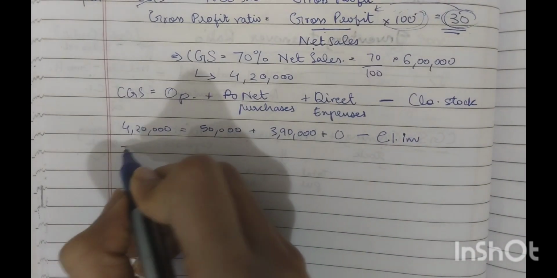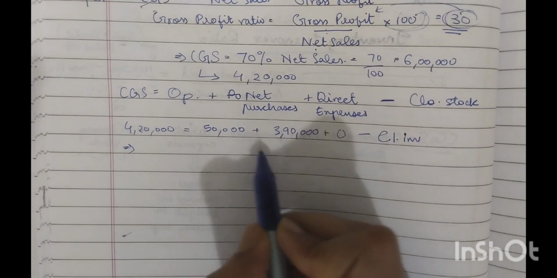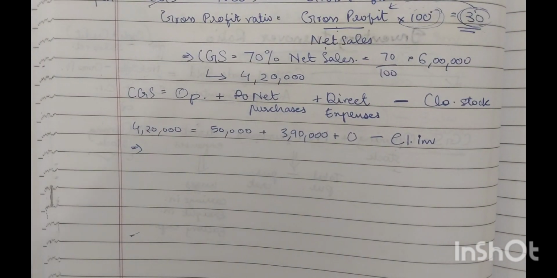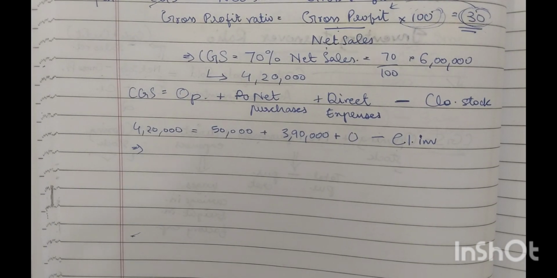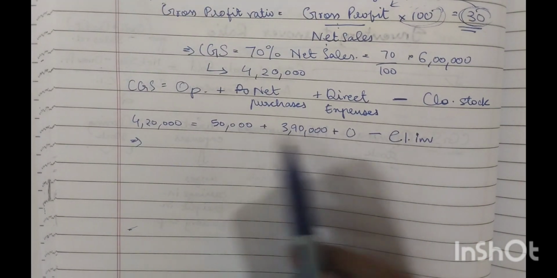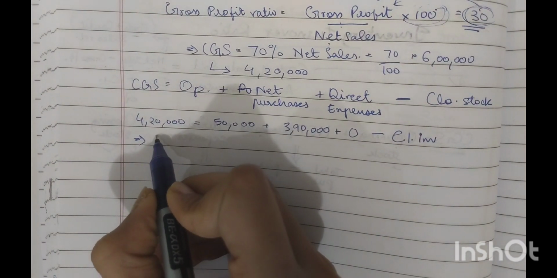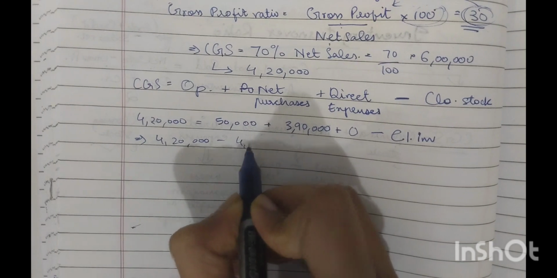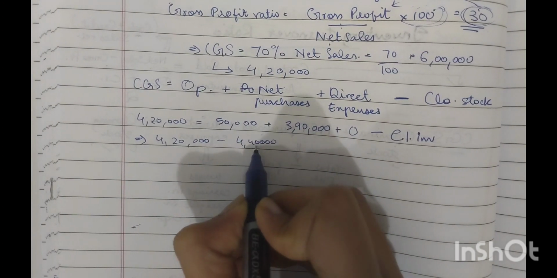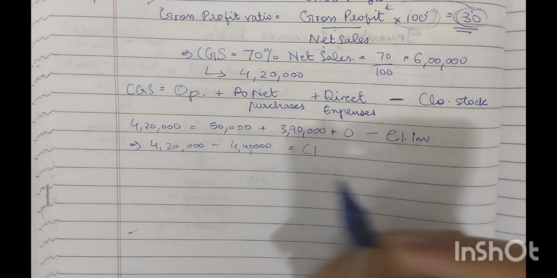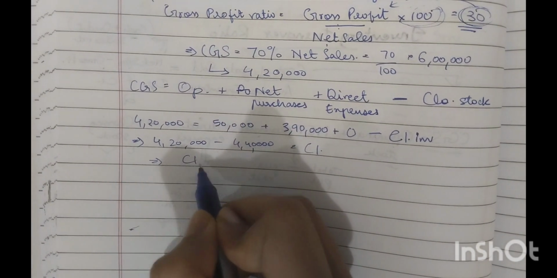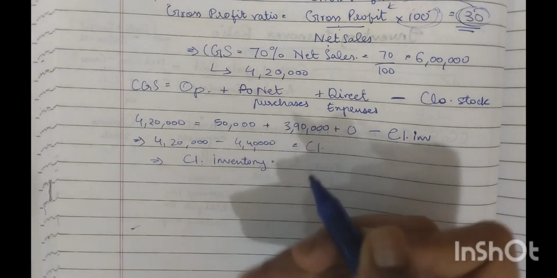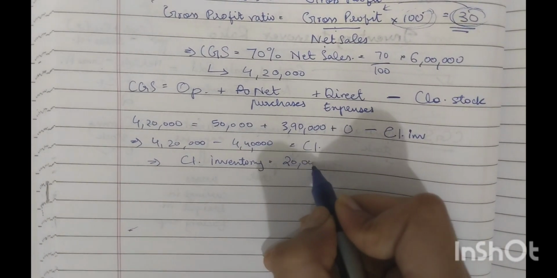Together this forms 4,40,000. So 4,20,000 minus 4,40,000 gives us closing stock. This implies our closing inventory is equal to 20,000.